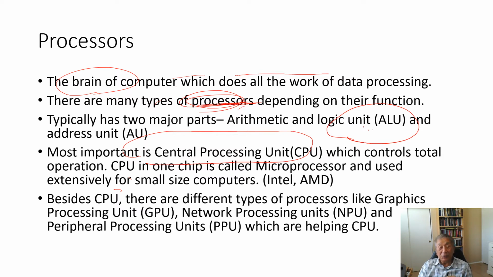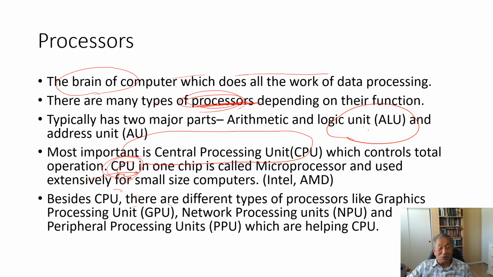So the CPU is the main one, and it is more expensive, faster, and has more capacity. But there are some helpers, which are other processors. Another thing I want to say is that the CPU in the old days was a big box with very complex circuitry.